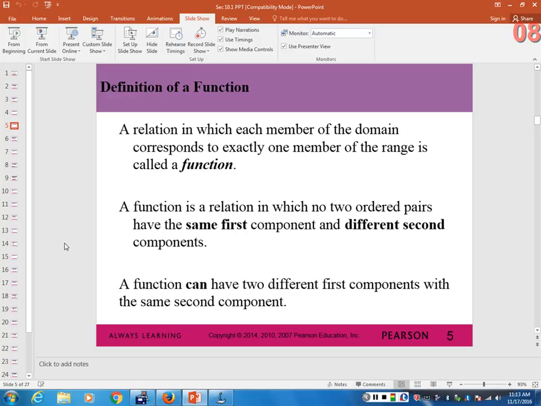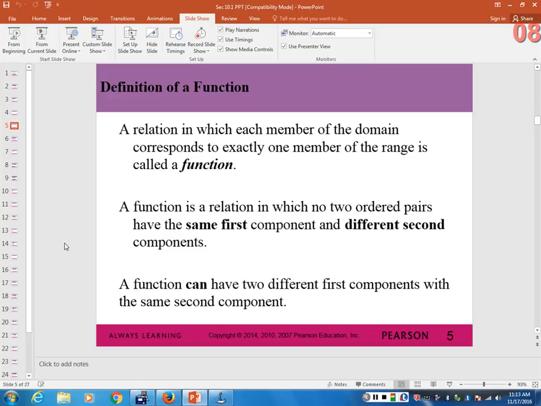A function is a relation in which no two ordered pairs have the same first component with a different second component. A function can have two different first components with the same second component. Okay? If you think of it in terms of x and y, an x can only have one y partner. However, more than one x can have the same y partner. Okay?